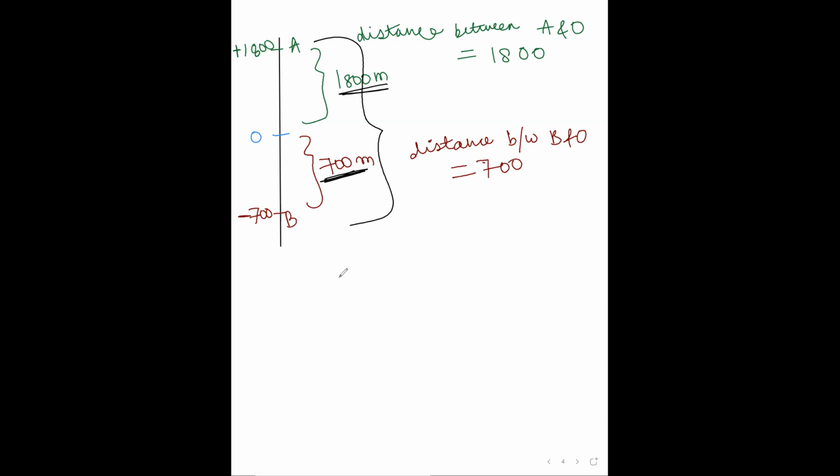So what are the two numbers? The two numbers that you have are which two numbers you want to subtract? 1,800 and 700. The position of this thing is 700 or negative 700? Negative. So you have to do minus negative 700.